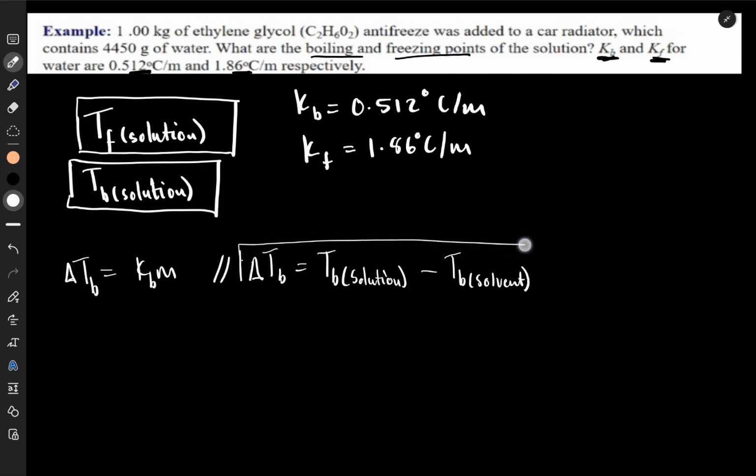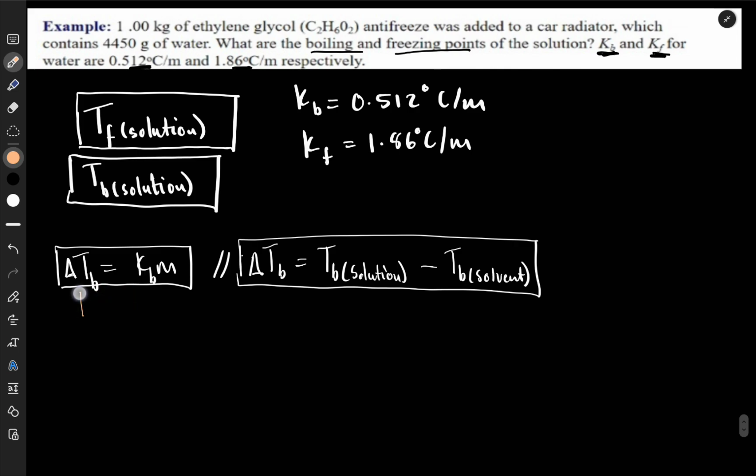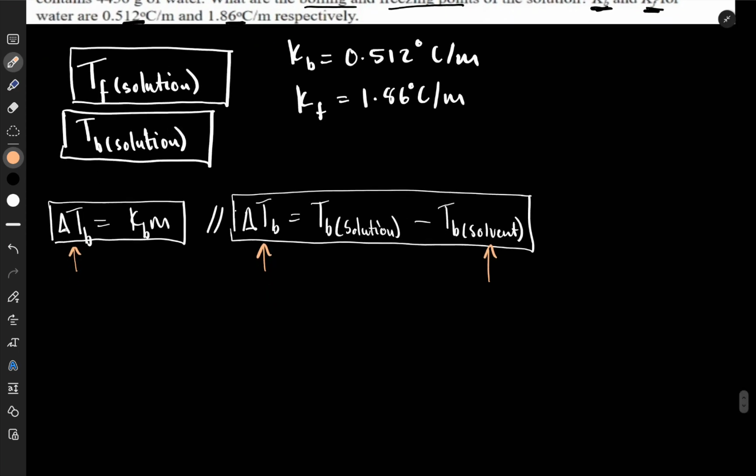So with these two formulas, these are the ones we are going to use to answer the question, because we are going to get delta T, then we'll put delta T, and we'll put the temperature of the solvent, then we'll get for solution. So let's go ahead and let's solve, right?